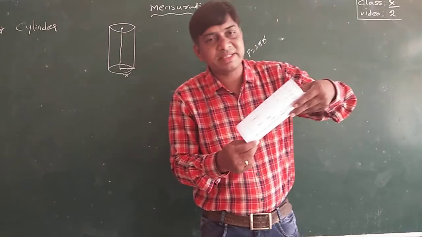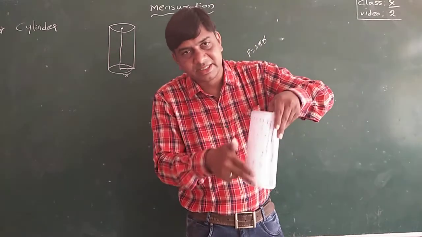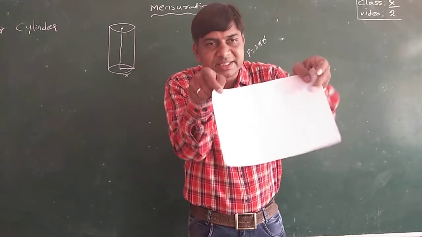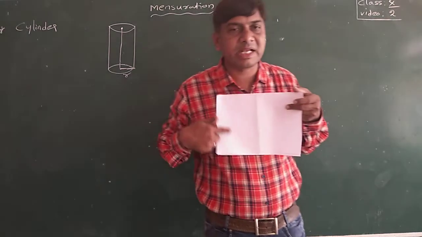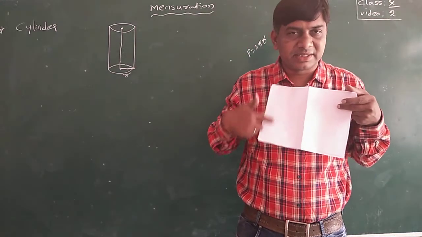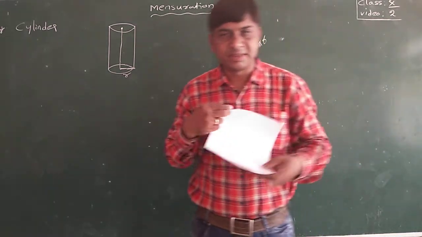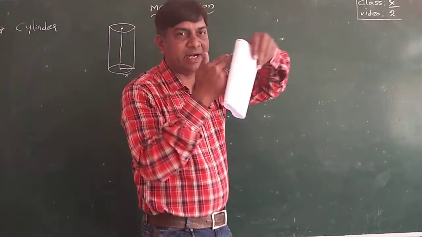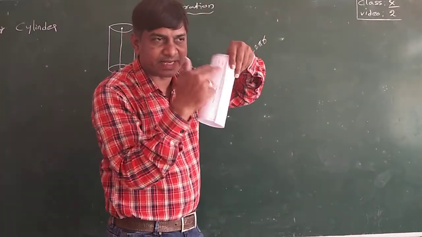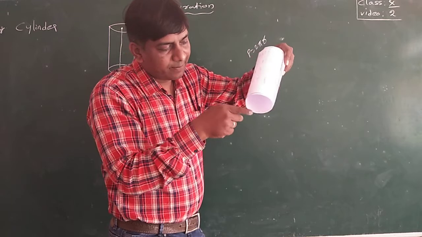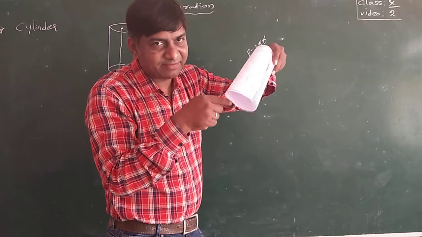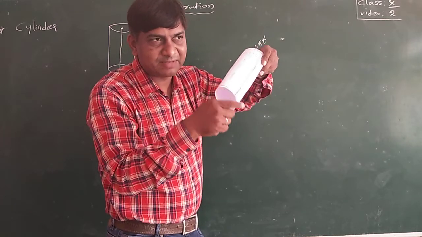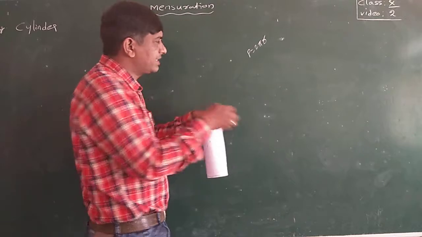And this height becomes the breadth. Understood? To find this lateral surface area, the circumference of the circle is 2 pi r, and this is the height.